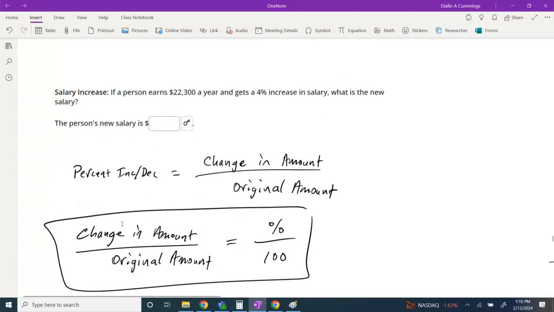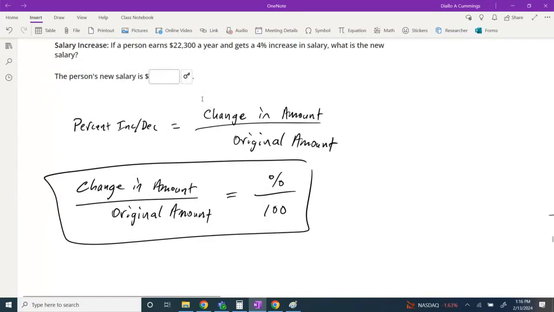Now this particular equation is only going to give you either the change in amount or the original amount, depending on what you're solving for. It's not going to give you the person's new salary. So what we're going to do to find the person's new salary is find the change in amount, and then add that back to the salary.